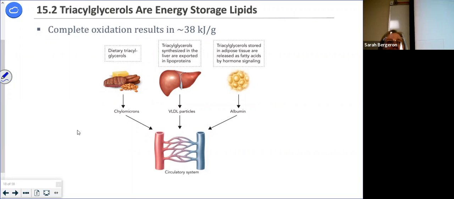Why do we use triacylglycerols instead of glycogen? Right, we have glycogen stores. So why wouldn't we just stick with glycogen? Why do we also need triacylglycerols?